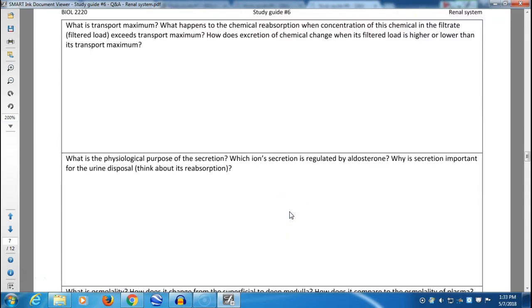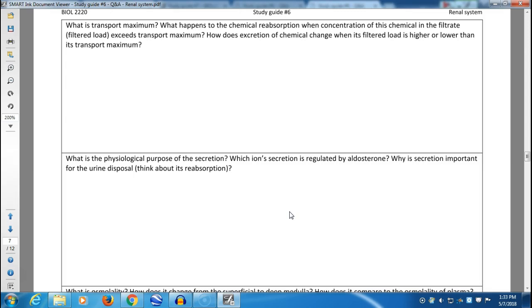Transport maximum. Know this concept. I'm going to ask this. Think about this: you have a chemical that is filtered, and then it is usually fully reabsorbed.